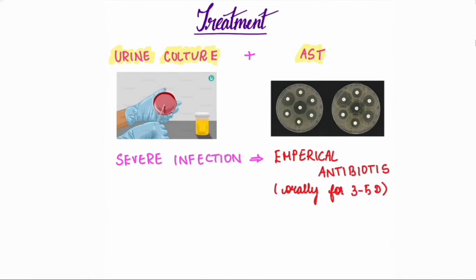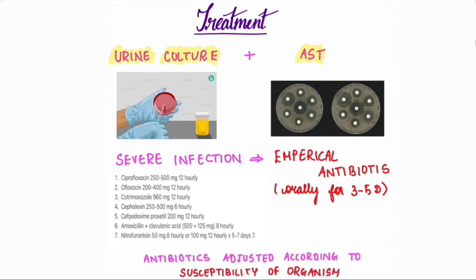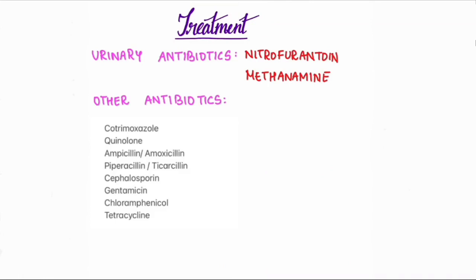The empirical antimicrobials are ciprofloxacin, ofloxacin, cotrimoxazole, cefalexin, amoxicillin and clavulanic acid, and nitrofurantoin. Further, the antimicrobials are adjusted according to the susceptibility of the organism. Urinary antiseptics, nitrofurantoin and methenamine, are also prescribed. The other antimicrobials used are quinolone, ampicillin, piperacillin, cephalosporin, gentamicin, chloramphenicol, and tetracycline.